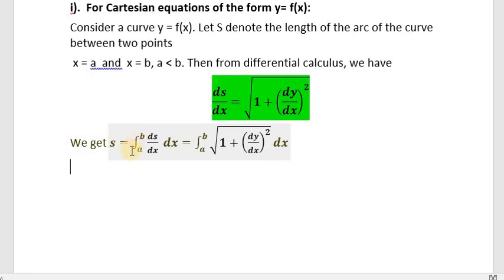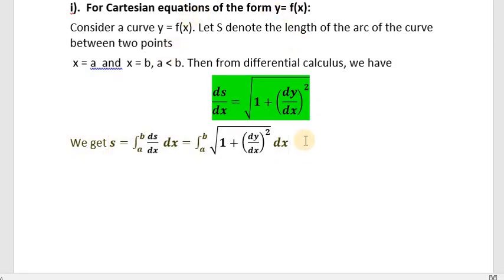Therefore, s is equal to integral a to b ds by dx into dx. Now ds by dx we have from the differential calculus, that is square root of 1 plus dy by dx whole square. Let us substitute that in this equation. So we get integral a to b square root of 1 plus dy by dx whole square into dx.